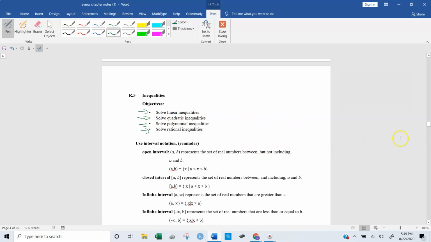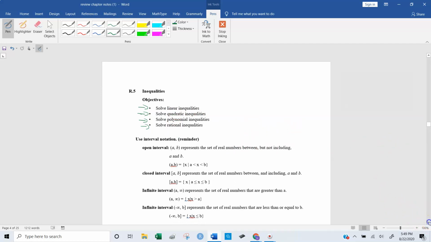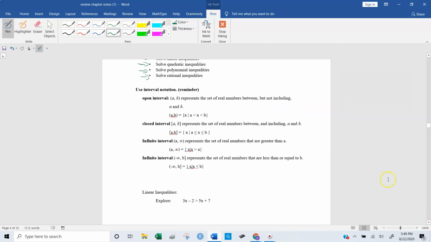First thing I want to go over is some of the old notation versus new notation. You should have learned this last year, so it should just be a review. Remember, your parentheses are your open. They used to be open circles when you were younger, but now you're going to see parentheses instead on your number line.